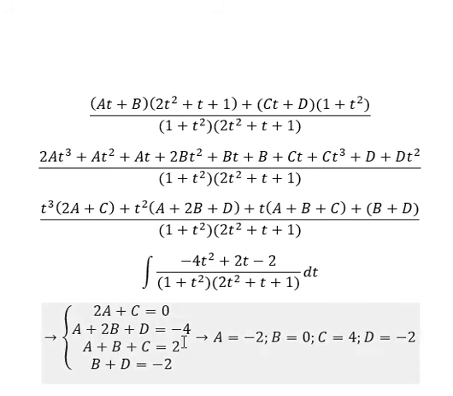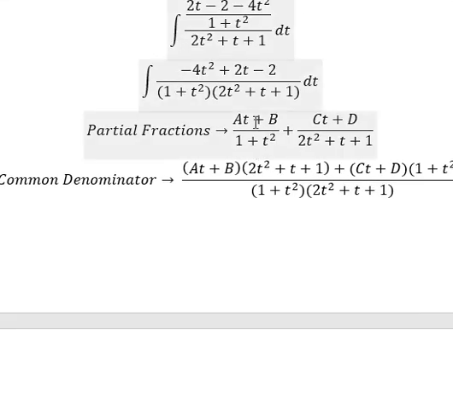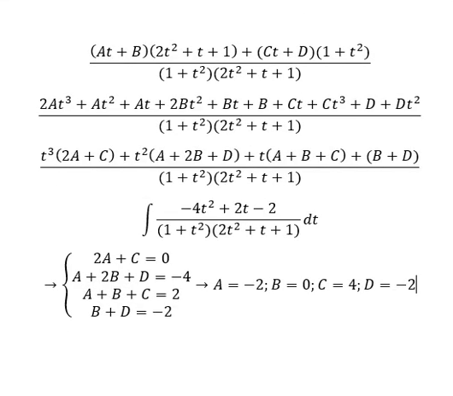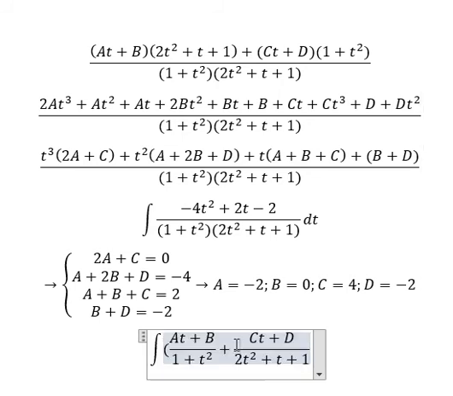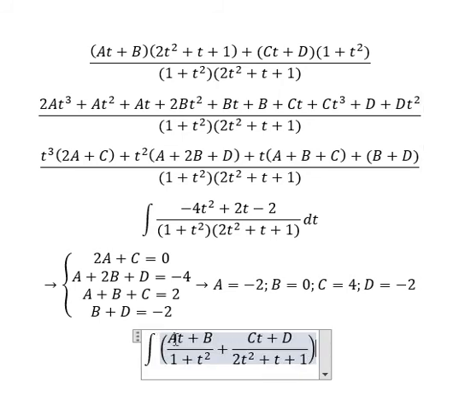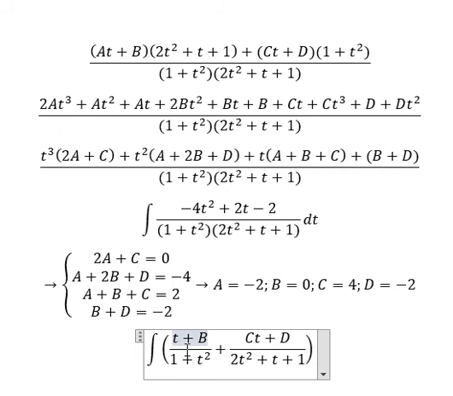So after we find a, b, c, d, now we return back to this one. So a is negative 2, b is 0, c is 4, and d is negative 2.